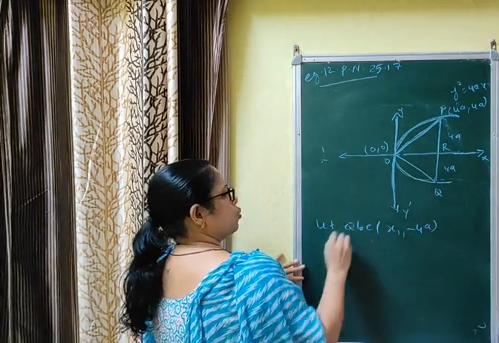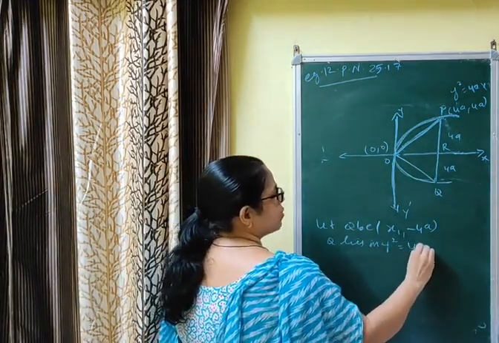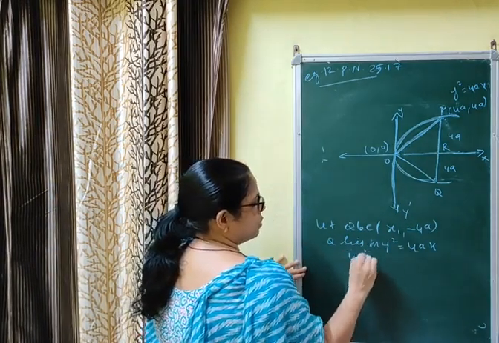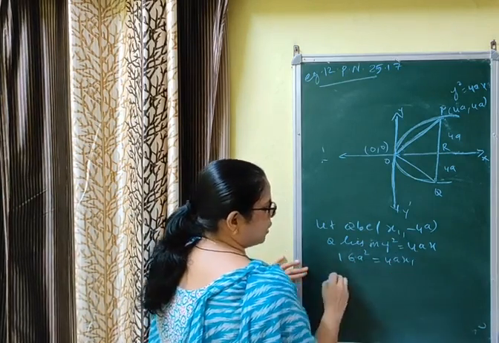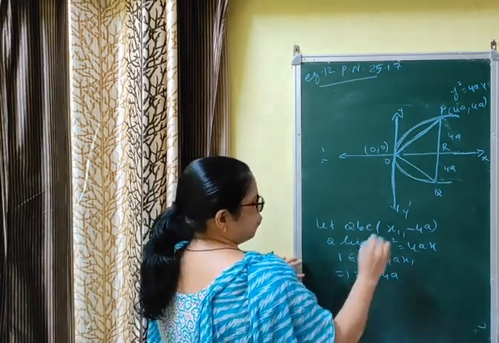Now again, since Q lies on y square equal to 4ax, by substituting you will get 16a square equal to 4a x1, which implies x1 is again 4a.